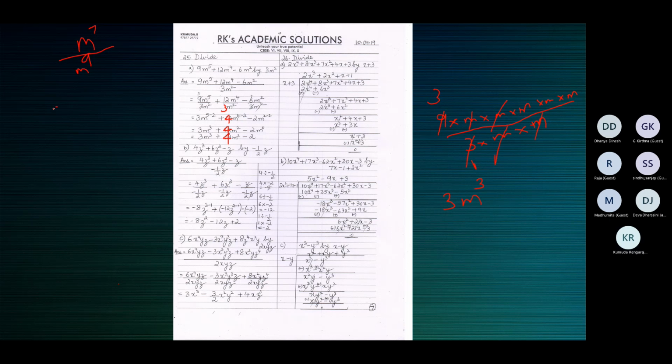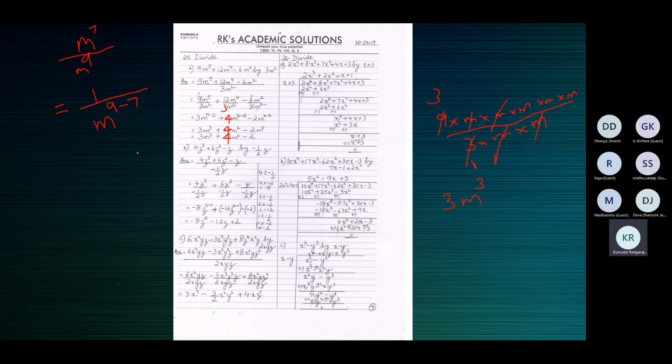Now supposing I want to do 9 minus 7, because 9 is greater than 7. I want to write 9 first. Then what you should do is 1 by the base m. You want to write 9 first, right? But where is m to the power 9? It's in the denominator. So you must write 1 by m to the power 9 minus 7. Whichever power you want to write first, where is it? If it's in the denominator, you must write it as 1 by m to the power 9 minus 7.